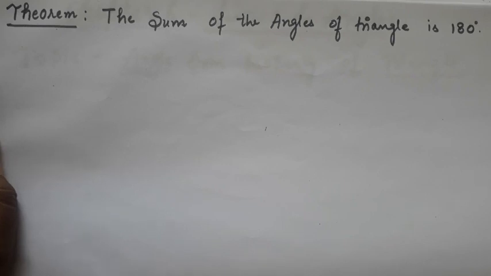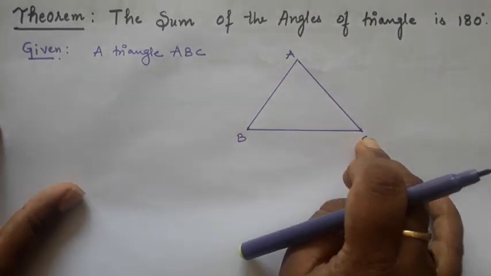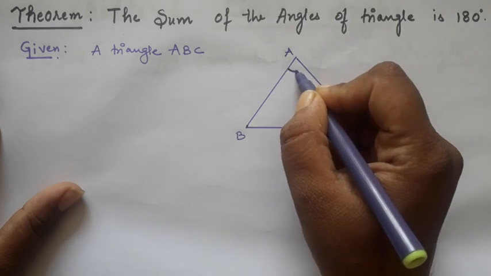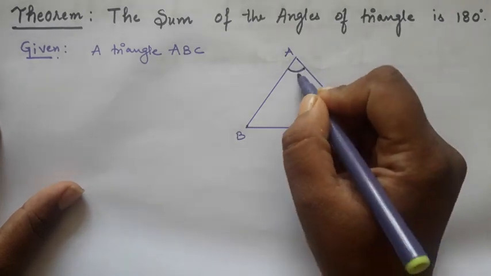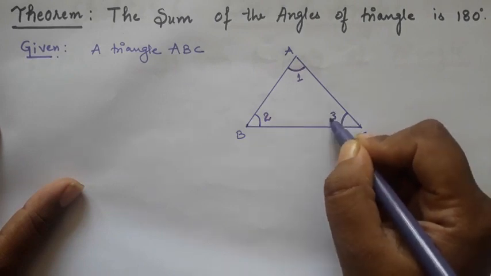What is given to us is a triangle. Let triangle ABC be given, and I am going to draw it for you. I have marked its angles as 1, 2 and 3.